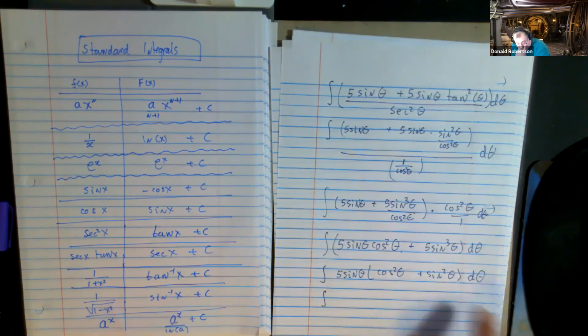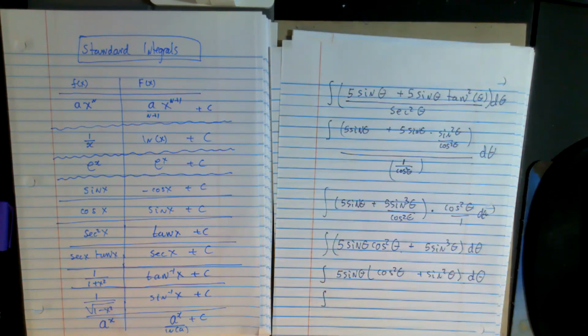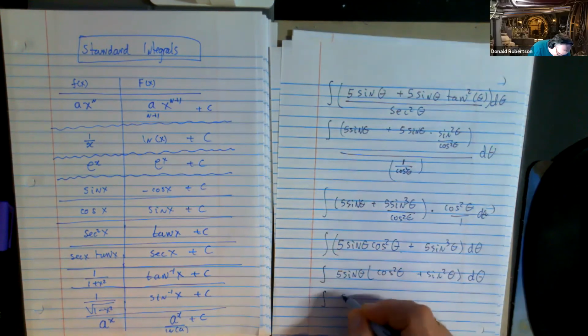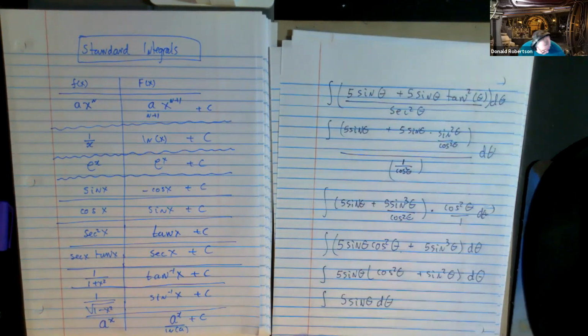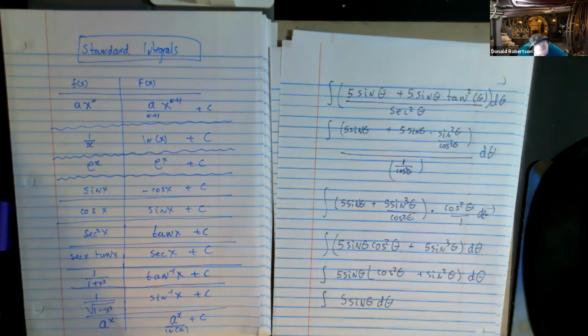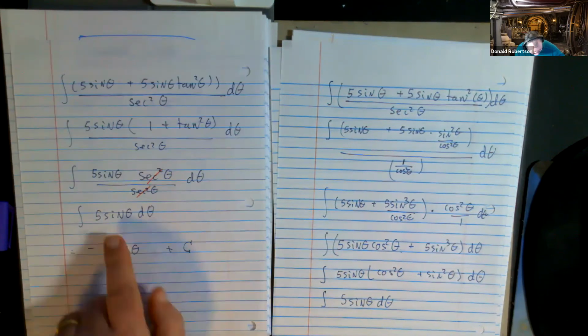Almost there. What's sine squared plus cos squared theta? Is it just 1? So 5 sine theta times 1 is 5 sine theta. Do you see we're back to where we were in a much longer way?